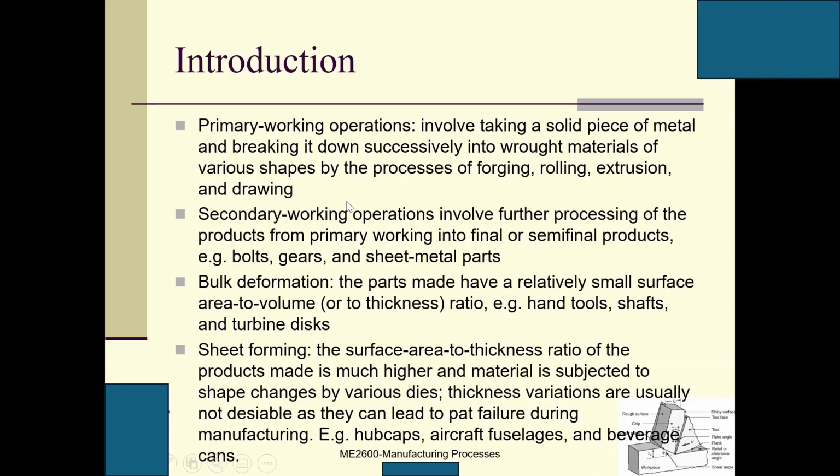So based on these slides, you should know what is a primary working operation, what is a secondary working operation, and what condition we call bulk deformation, and what condition we call sheet forming. But definitely this is a relative word, not a very strict demarcation line between them.